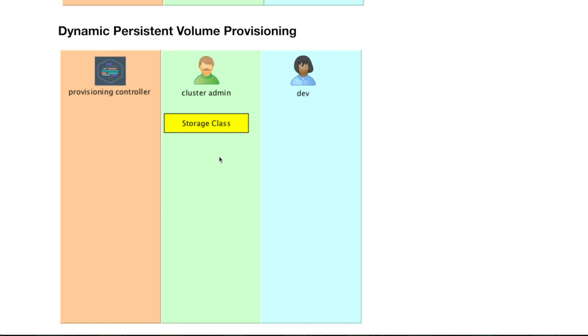The cluster admin creates a storage class for each level of service they want to offer their application admins and developers. The example is gold, silver, bronze, but these storage classes could be way more descriptive, could be replicated, non-replicated, replicated and encrypted. It could be prod, test, dev, really whatever the implementation requires.